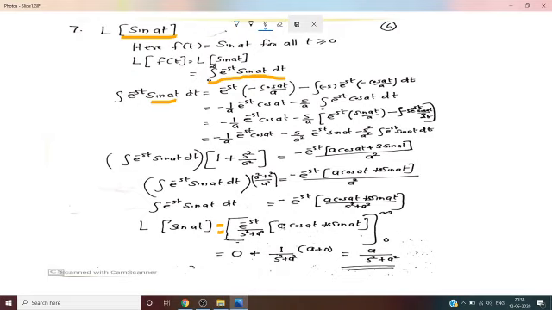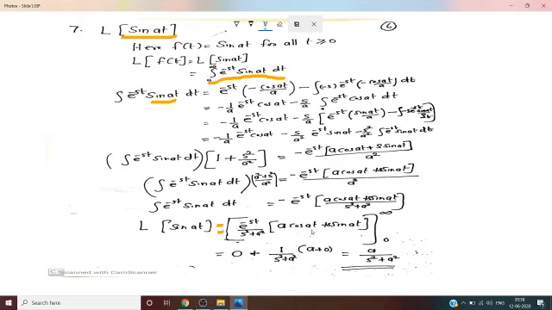First give the upper limit and then give the lower limit value. When giving upper limit, that t equal to infinity, it becomes e raised to minus infinity. E raised to minus infinity is 0. Then first term becomes 0. Then when we give 0 to t, e raised to minus 0, that is 1 by s square plus a square into a cos 0 plus s sin 0.